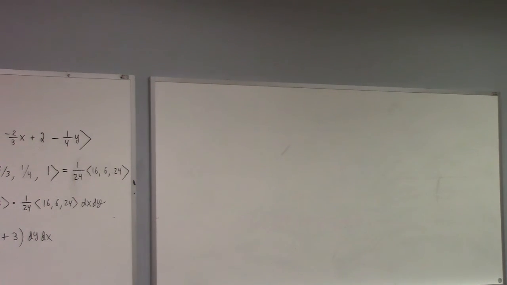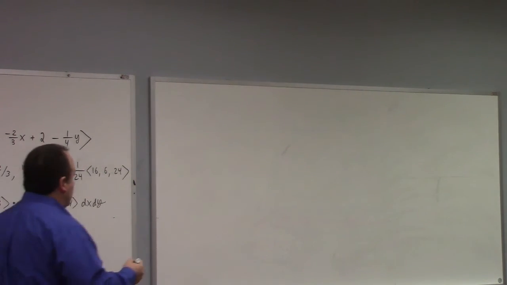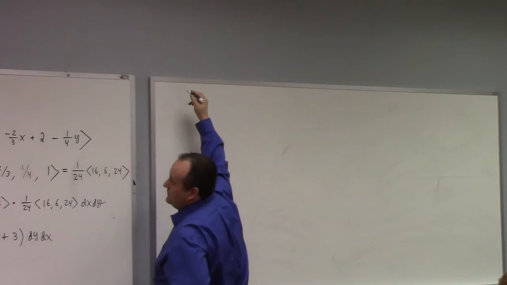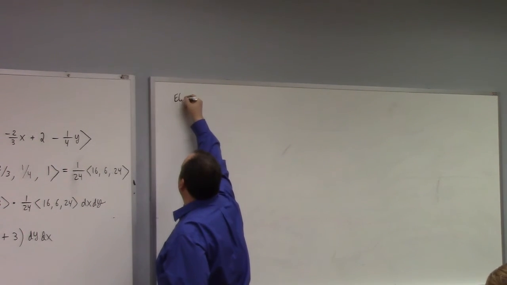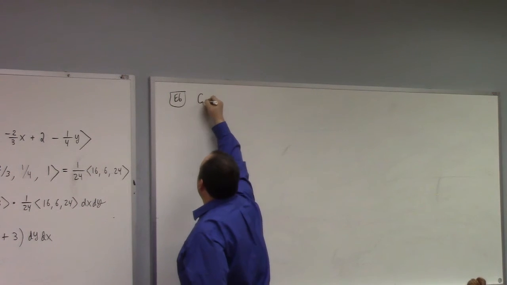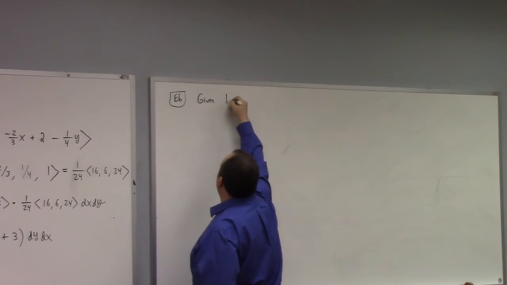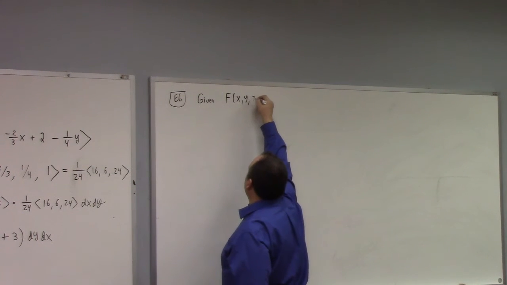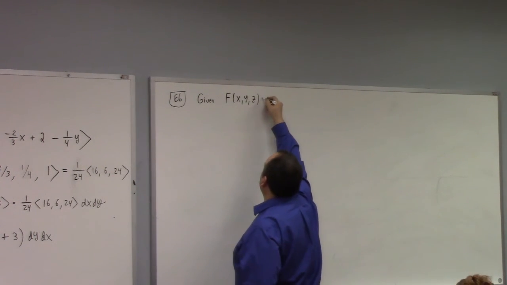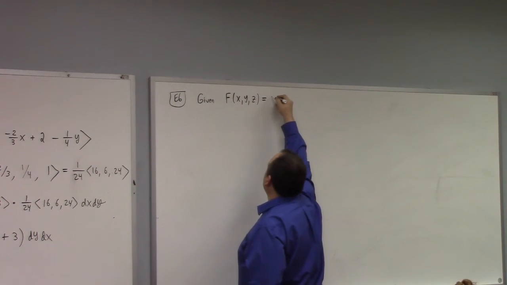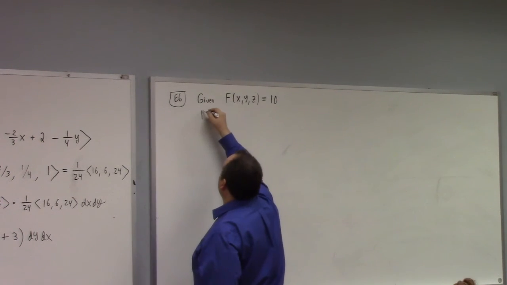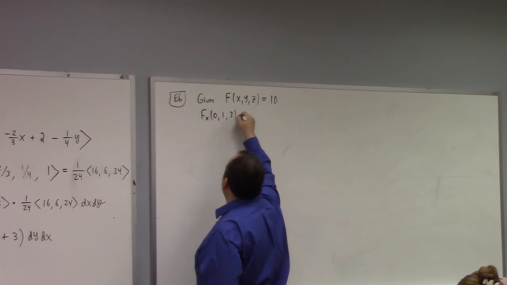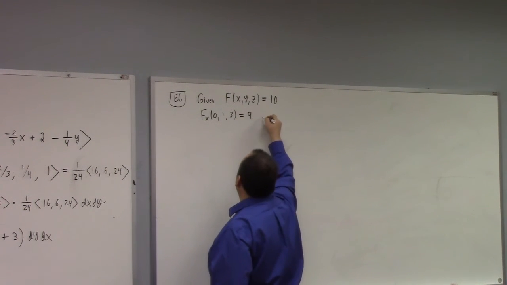Suppose, let's see here, example 6. You're given f of x, y, z equals 10, and also f sub x of (0, 1, 3) is 9.